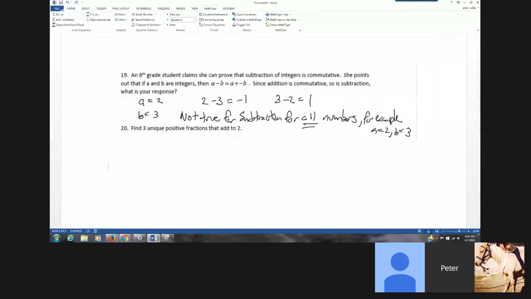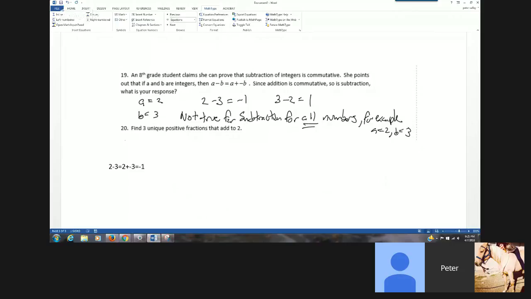Alright. Okay, so let's do the translate part. So let's do 2 minus 3, which equals 2 plus a -3, which equals -1, right?